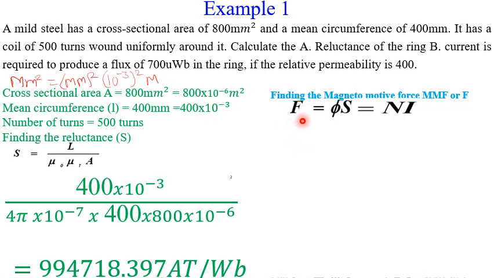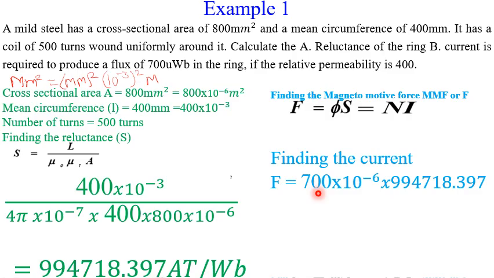So we have F equals flux times reluctance. Our flux was 700 microwebers, that is 700 times 10 to the minus 6, times the reluctance 99471.397. Doing that, we get an answer of 696.30380. After finding that, we now know our magnetomotive force, or MMF.